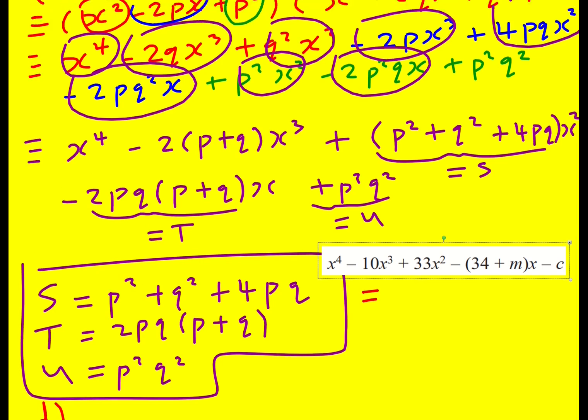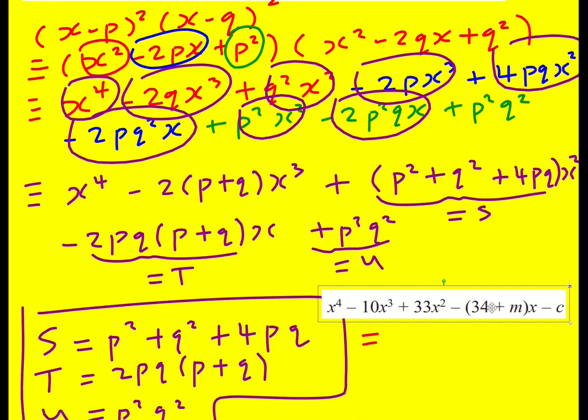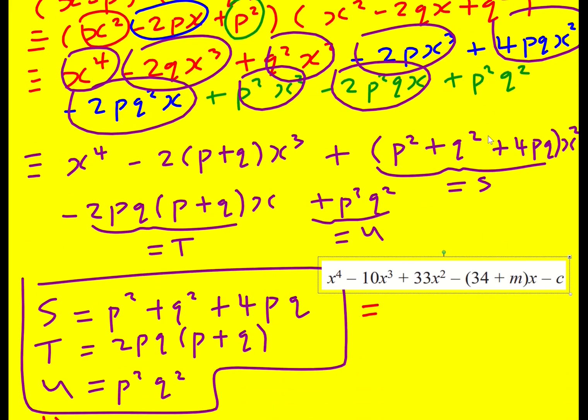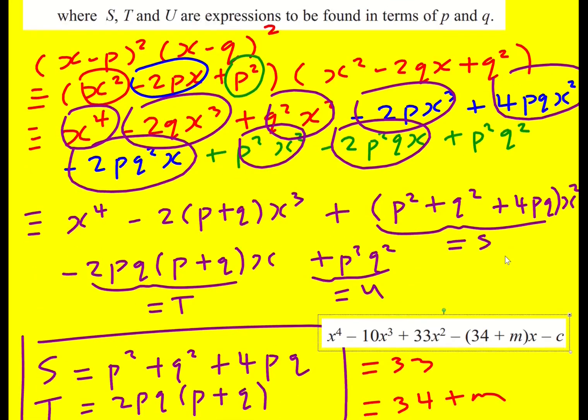So S, remember, is the expression in terms of x squared, which was this, and I can set that equal to 33. T was the expression in terms of x, and I can set that equal to 34 plus m, because I believe it was minus tx.